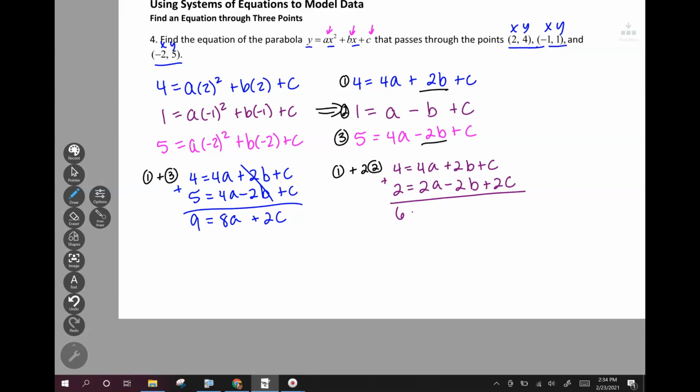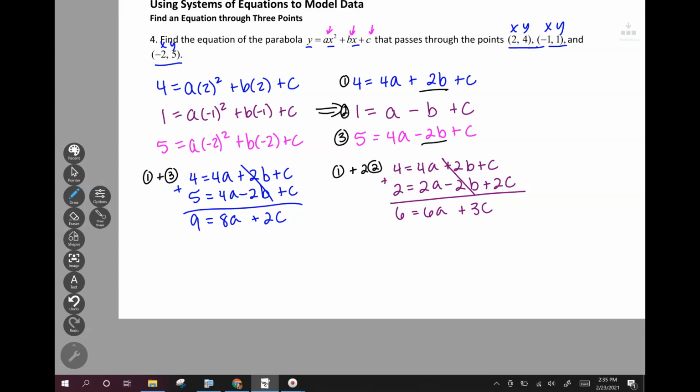So 6 equals 6a plus 3c. All right, now that leaves me with two equations, two variables. You can use substitution or elimination to solve for both of those variables. So looking at it, it looks like substitution might be my better option this time.